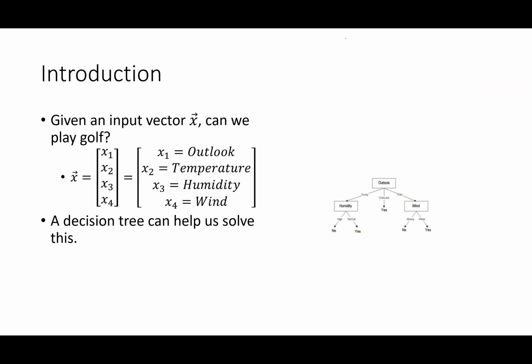Our decision is whether we can play golf on a particular day or not. To decide that, it depends upon a few parameters, at least four of which are listed here.